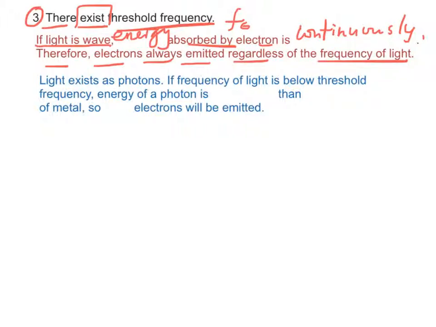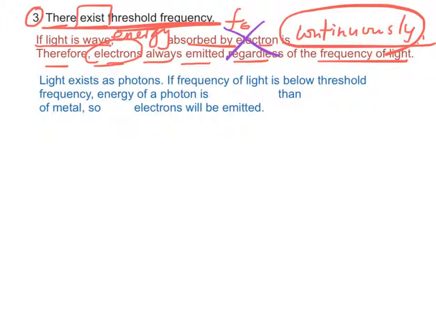That means all the electrons in the metal will absorb the energy of the light continuously until they have sufficient energy to be emitted. However, this is not the fact in the experiment.